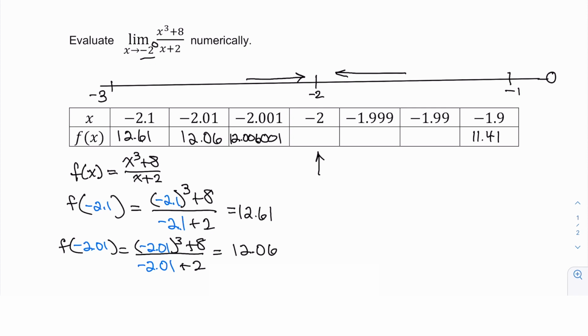Plugging -1.99 through the function, I get 11.9401. And then plugging -1.999 through the function, I get 11.994001.